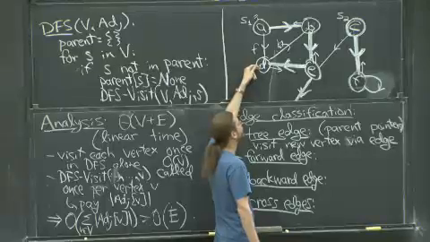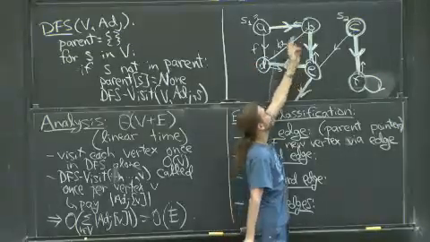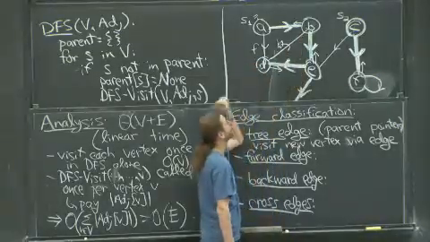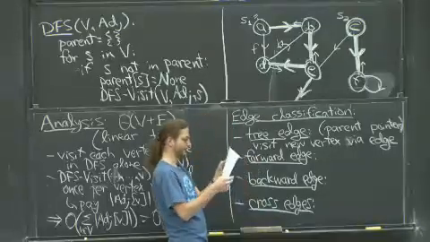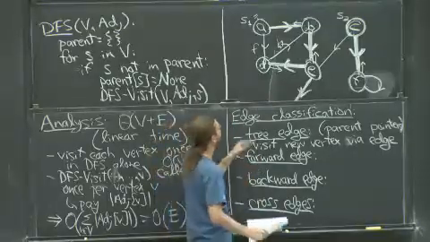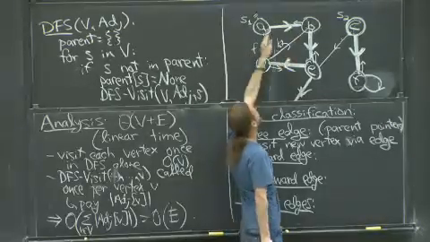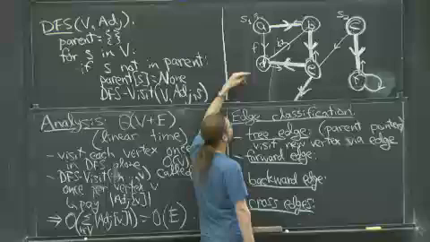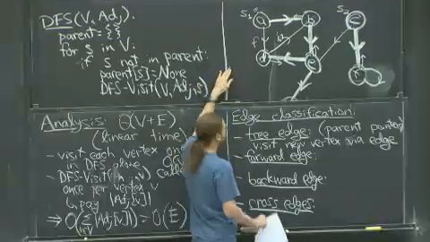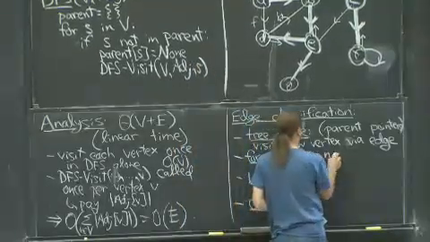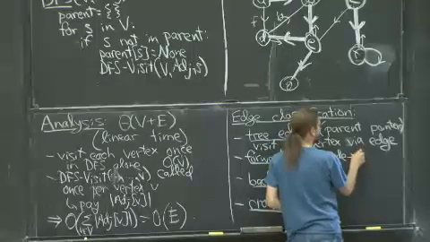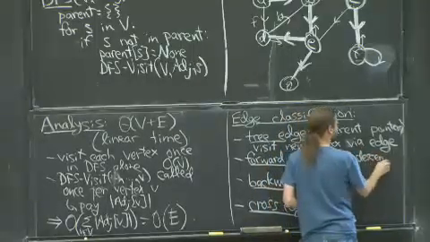If you think of parents, I can go from D to its parent, and that's where the edge goes. So that's a backward edge. Double check I got these not reversed. Yep, that's right. Forward edge, because I could go from D to its parent, to its parent, to its parent. The edge went the other way. That's a forward edge. Okay, so forward edge goes from a node to a descendant in the tree.